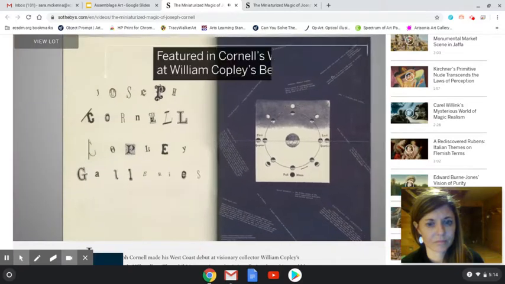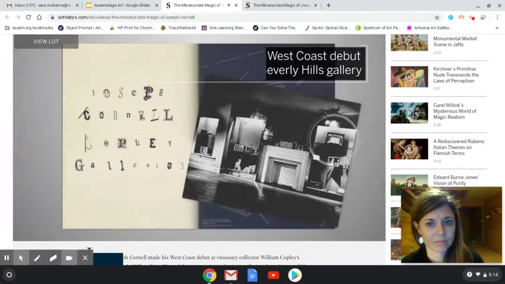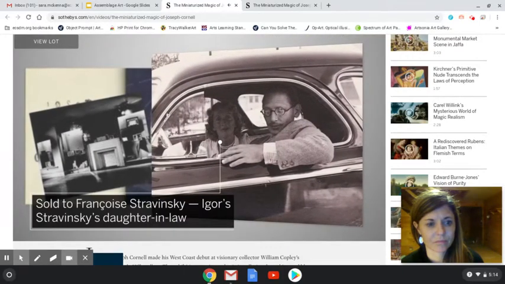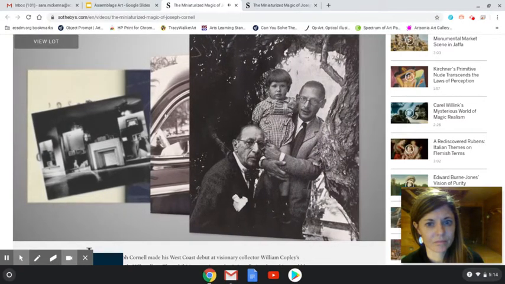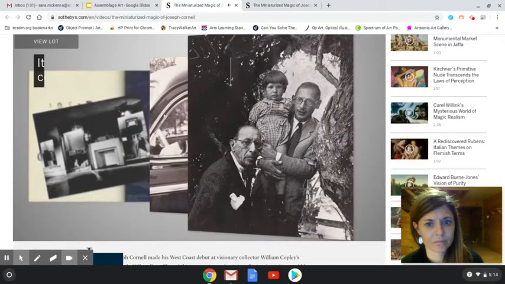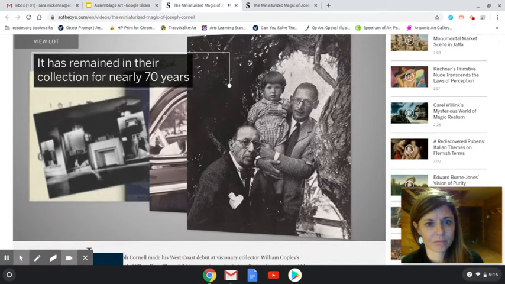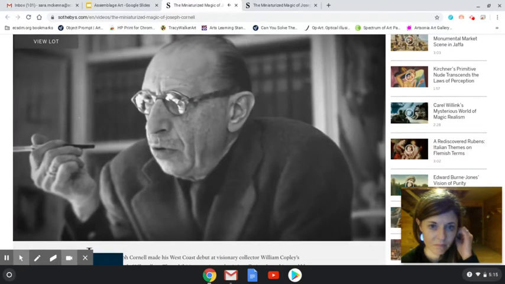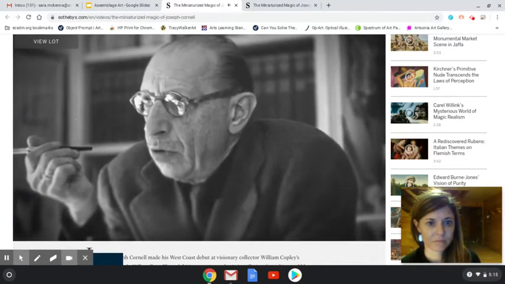Featured in Cornell's West Coast debut at William Copley's Beverly Hills Gallery, the box was sold to Copley's gallery's assistant, Francois, and her husband, Selina Stravinsky, Igor Stravinsky's son, an accomplished composer and conductor in his own right. It has remained in the collection of the Stravinsky family for nearly 70 years. Copley recalled, the maestro himself used to come to the openings at the gallery and was as much an exhibit as the paintings were.